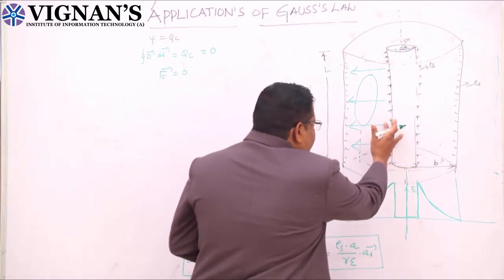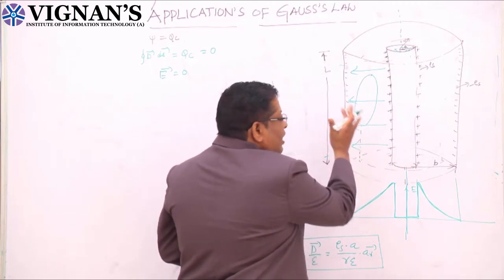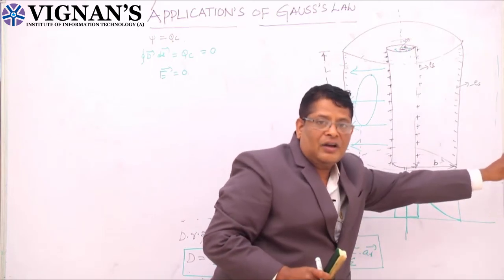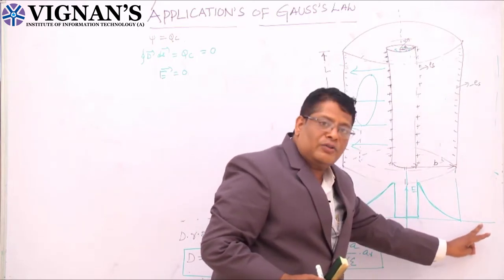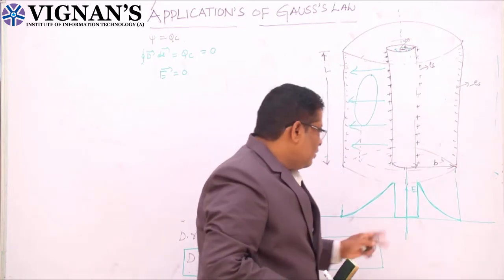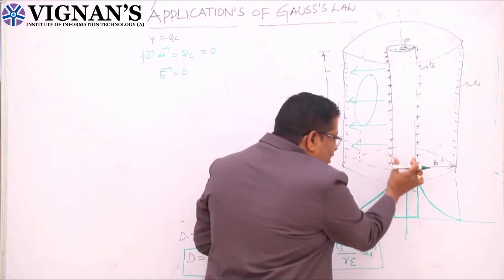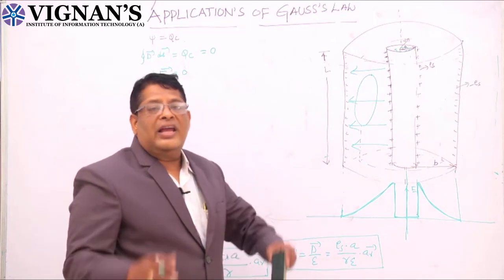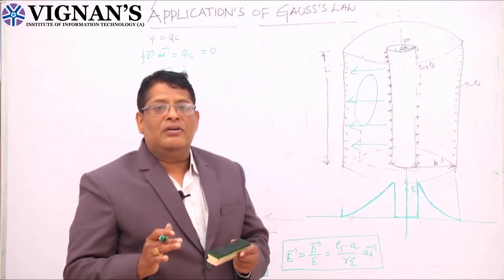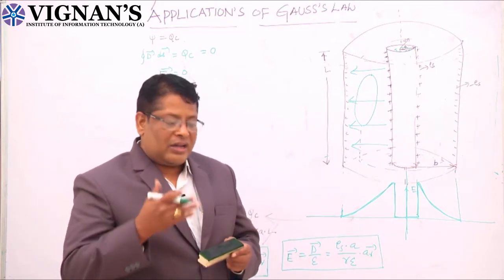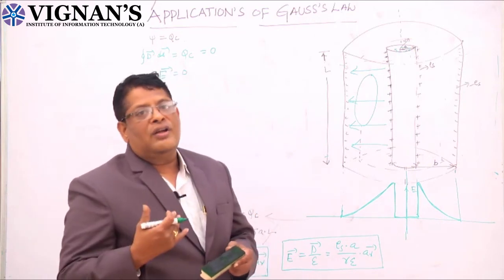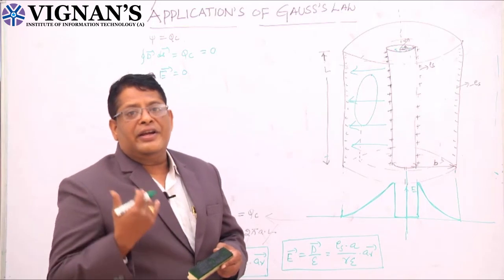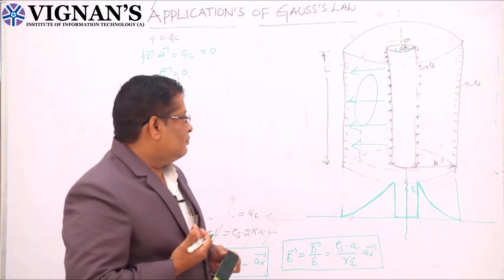As we go from this point towards here, the electric field intensity decreases. Outside of the cable, the electric field intensity comes to 0. In the same manner, inside of the inner cylinder, the electric field intensity is 0, because in a coaxial cable the electric field intensity is always present between the inner cylinder and the outer cylinder, where the inner cylinder is maintained at positive potential and the outer cylinder at negative potential. Thank you.